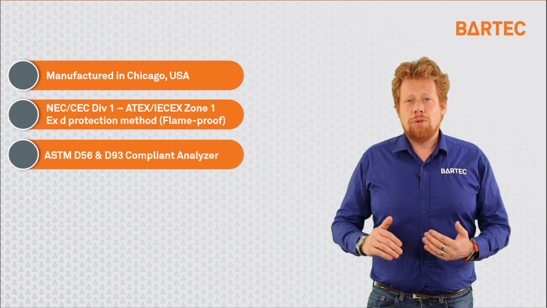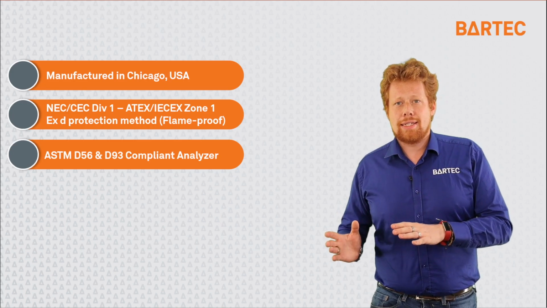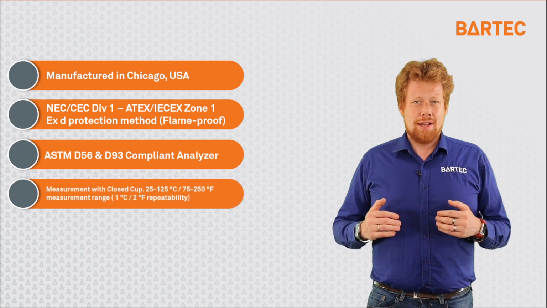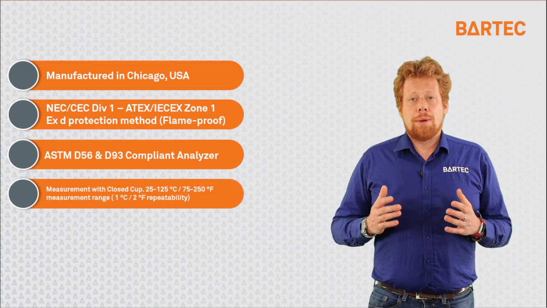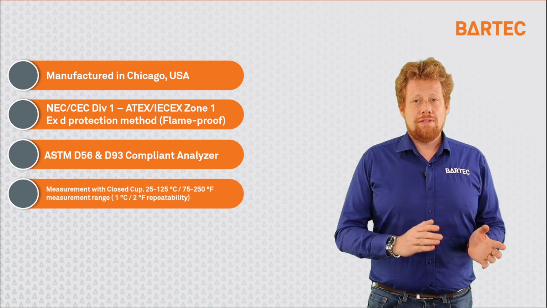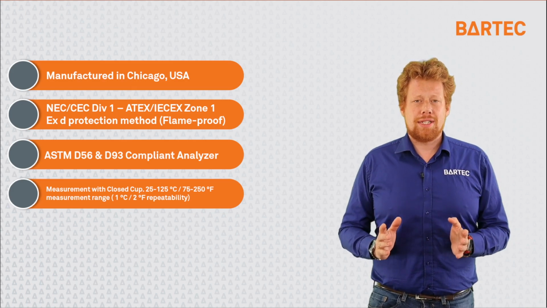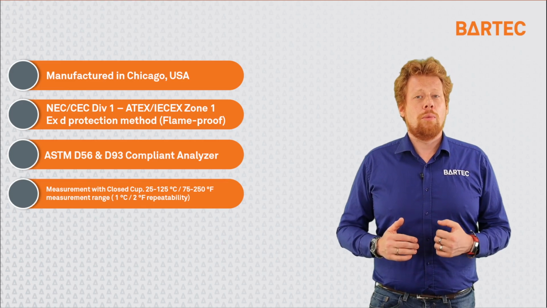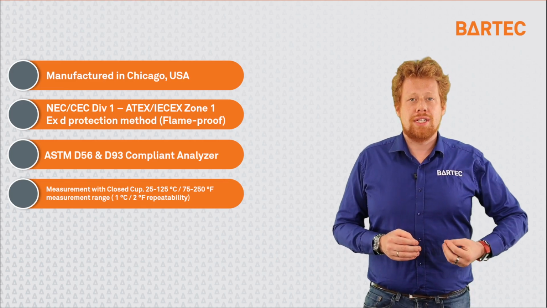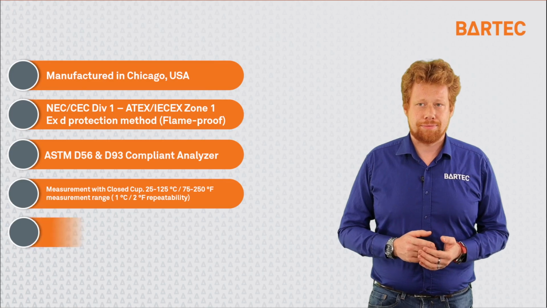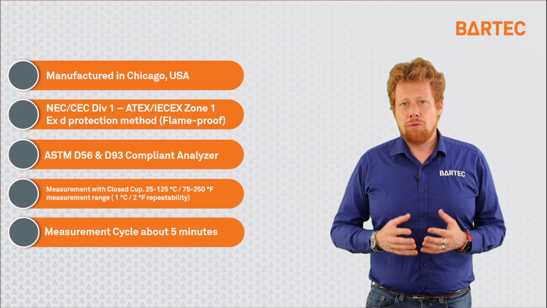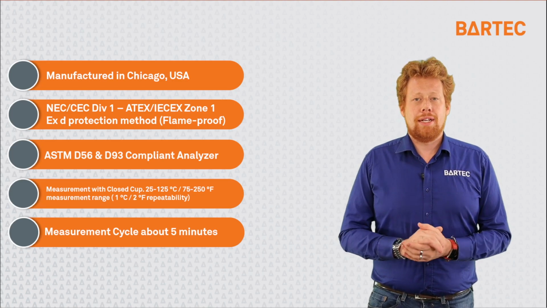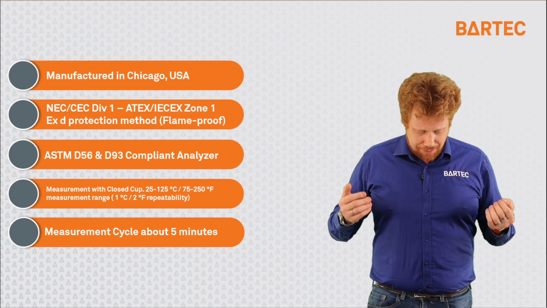It is fully compliant to both the ASTM D56 and D93 methods. The flashpoint measuring range goes from 25 to 125 degrees Celsius or 75 to 250 degrees Fahrenheit with a repeatability of 1 degree Celsius or 2 degrees Fahrenheit. And finally, the full measurement happens in 5 minutes or below, depending on the application.